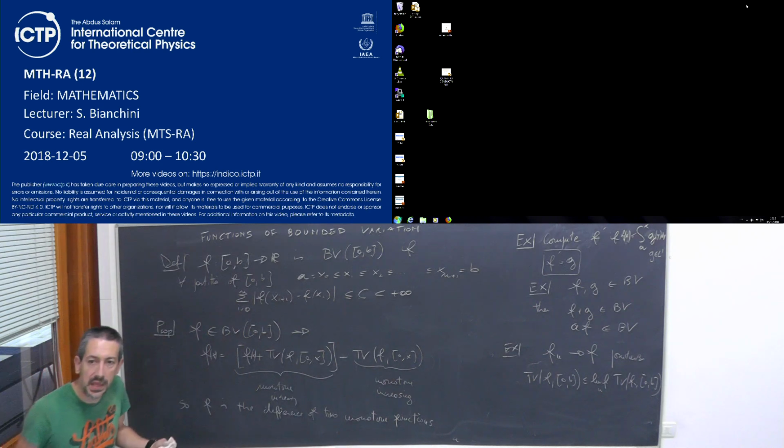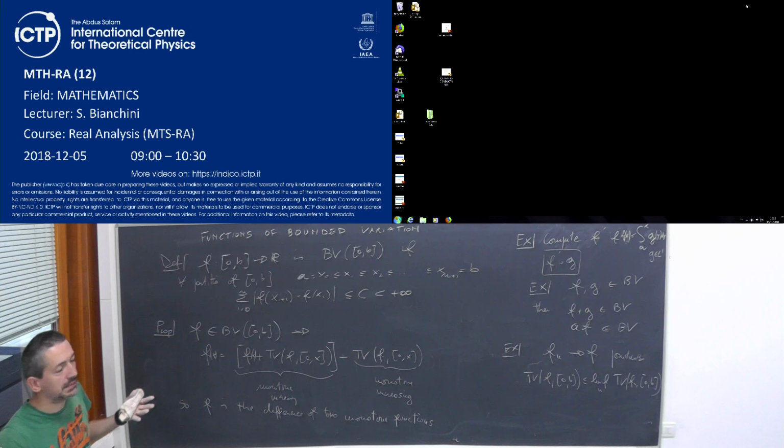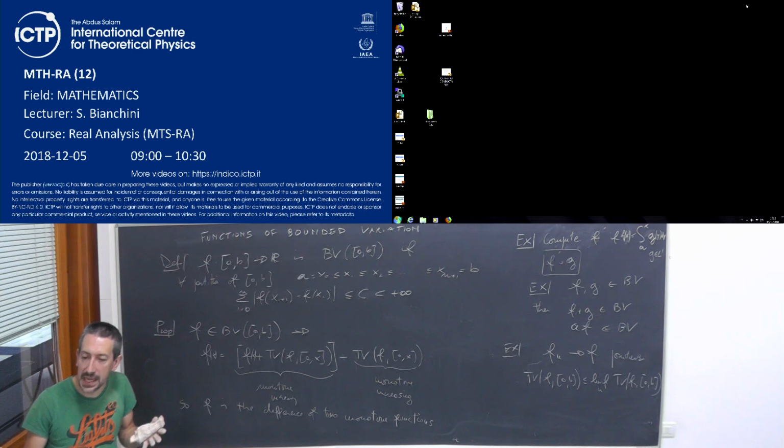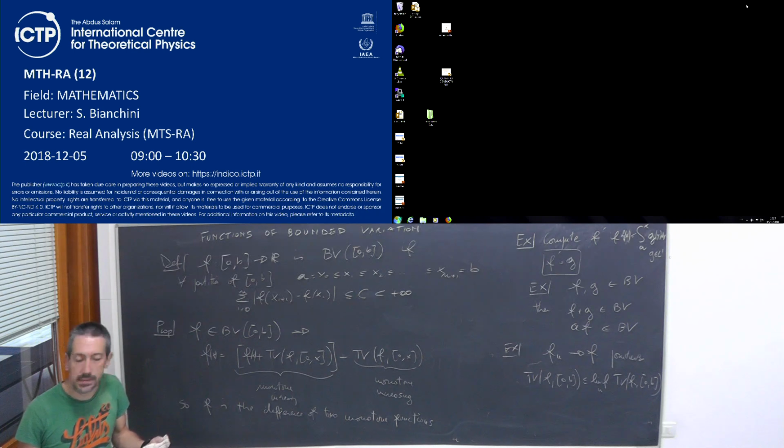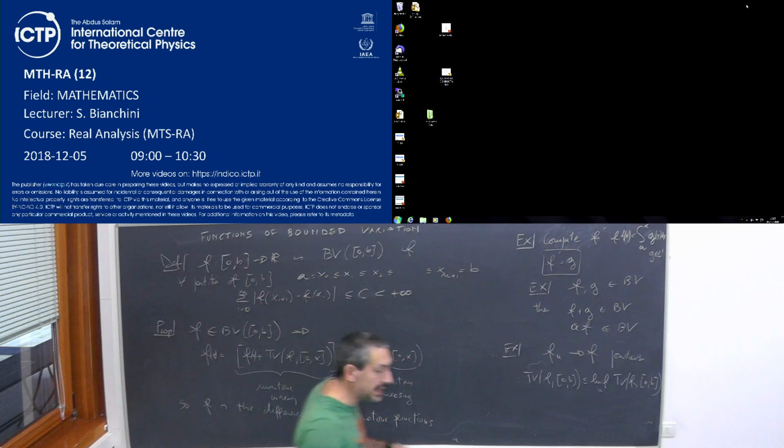Okay. With this theorem, the BV function is in some sense like the theory for monotone functions. So if you take the space of monotone functions, and you say what is the smallest linear space which contains this set, it is the BV space.